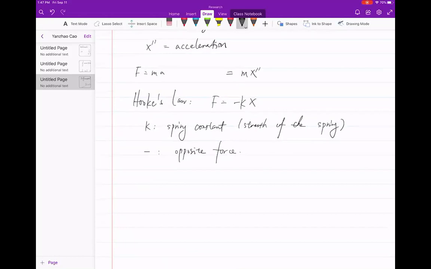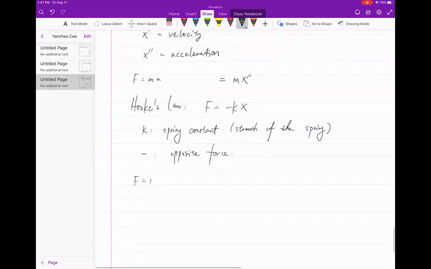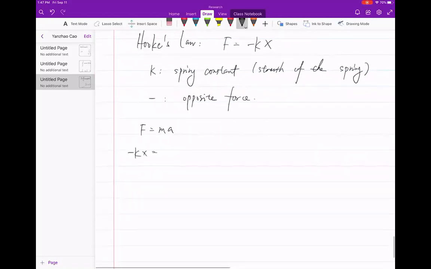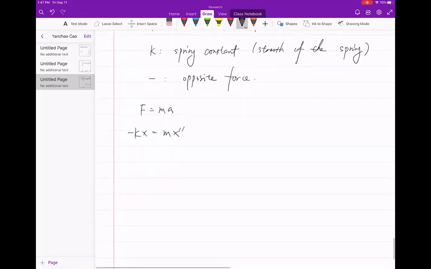Let's put them together. F equals ma. That is negative kx. Force equals mx prime prime. Second order differential equation. Can we solve it? x prime prime equals negative k over m times x.